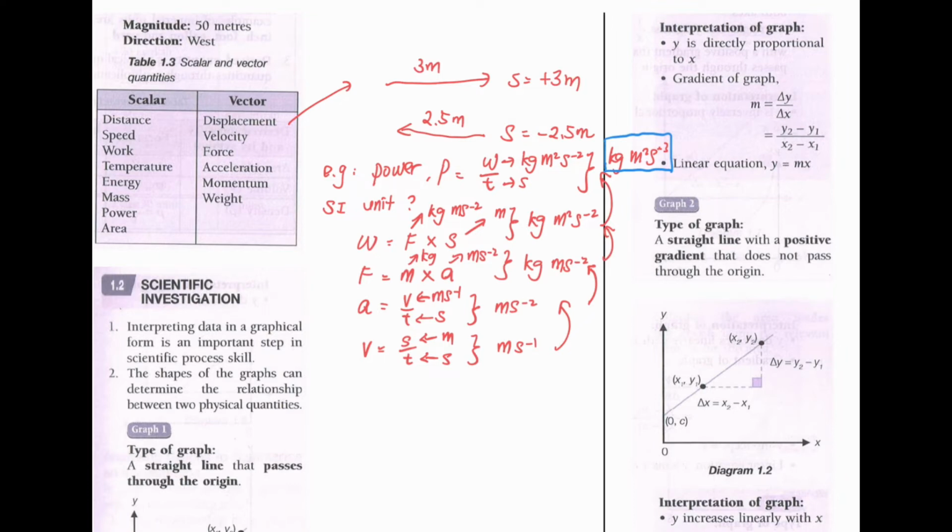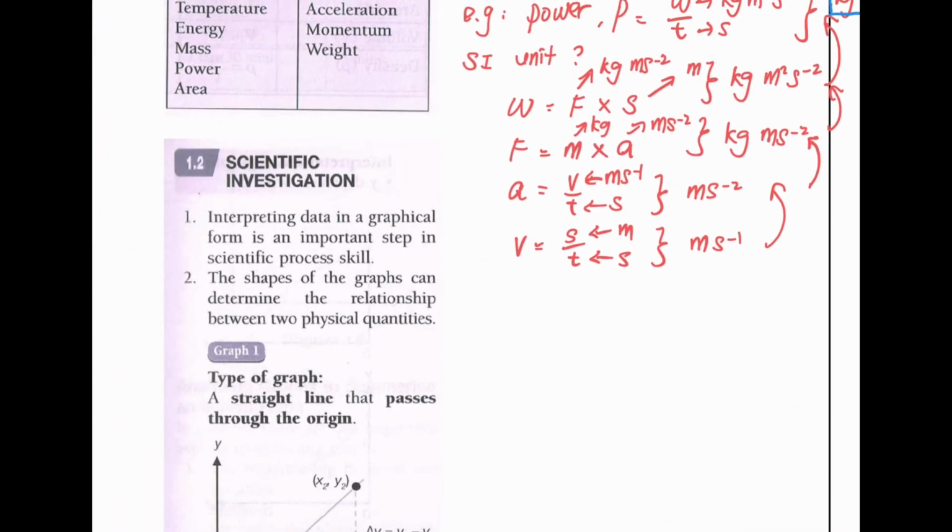Now let's see 1.2, scientific investigation. So that means experiment. Number 1, interpreting data in a graphical form is an important step in scientific process skill.